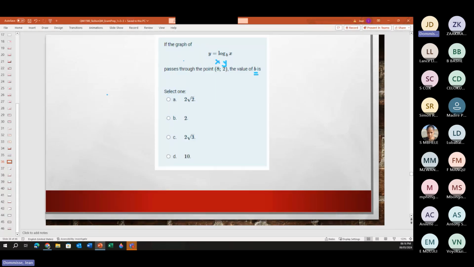So basically what we will need to do is to replace, so 2 is equal to log base b of 8. Okay, so what would you have done in this instance? Any idea?